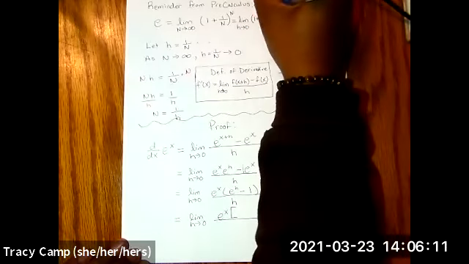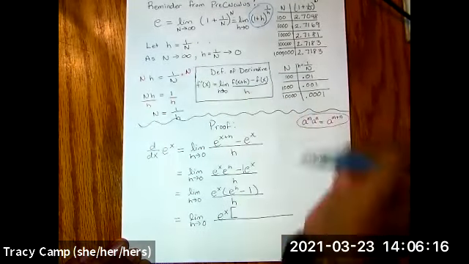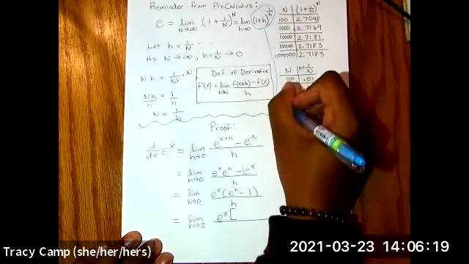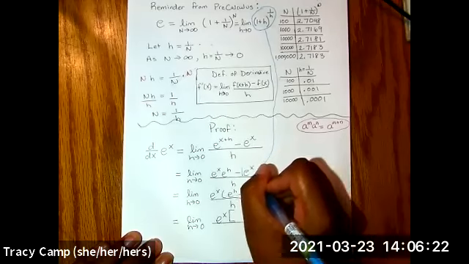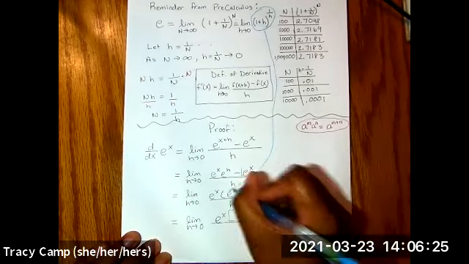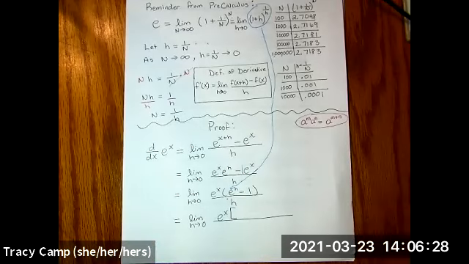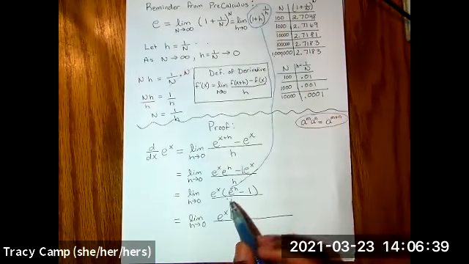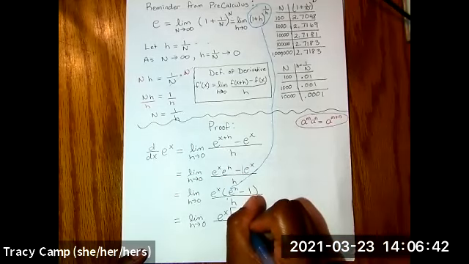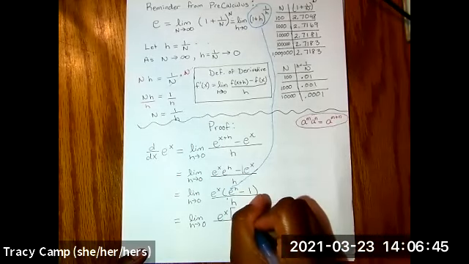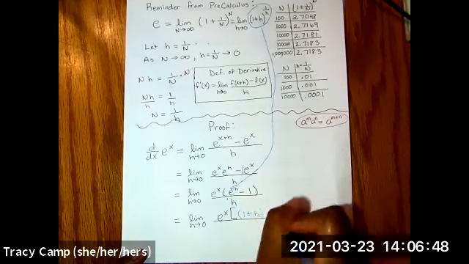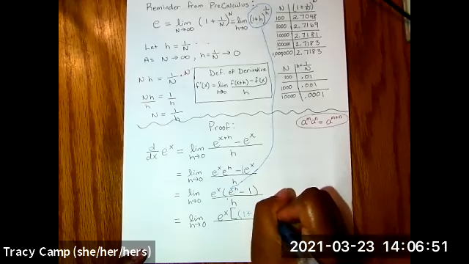This right here, I am going to put in place of this e right here. I already have the limit as h approaches 0 part, so I don't have to worry about that. So I'm just going to replace this e with this up here. So instead of writing e to the h, I'm going to have, and yes, this is a mess, 1 plus h raised to the power of 1 over h, right?